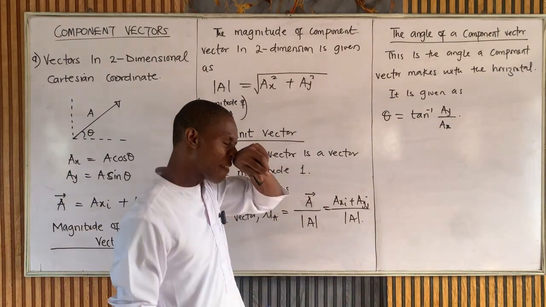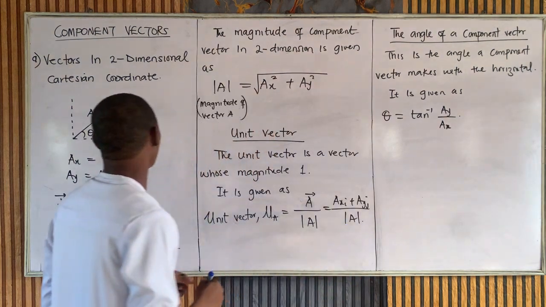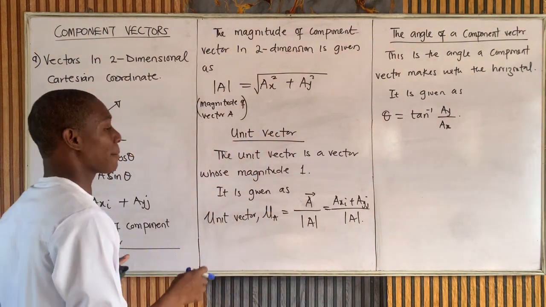So that's that about vectors in two dimensions. Let's just take an example under this.